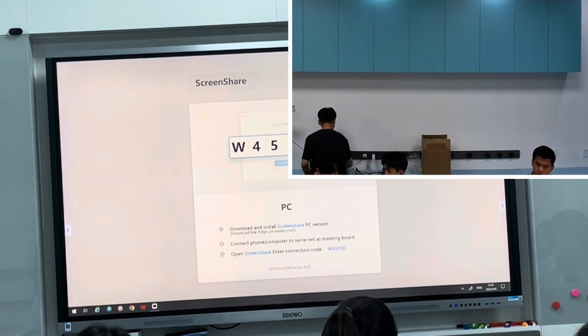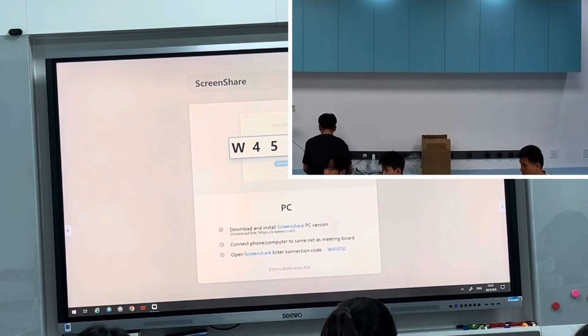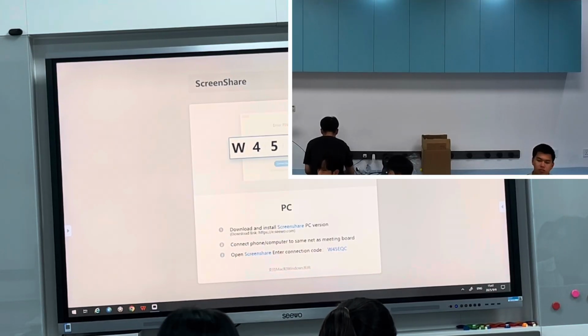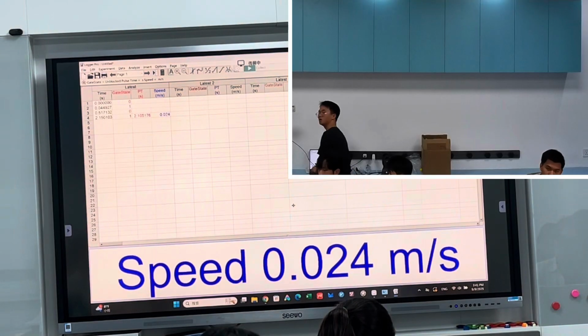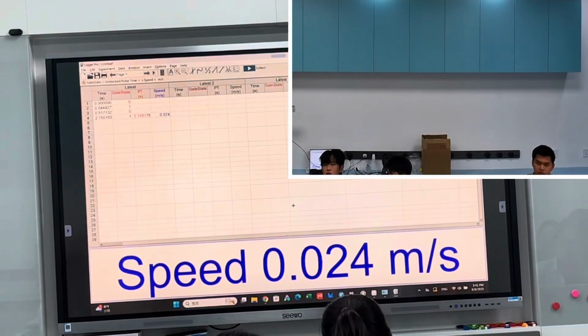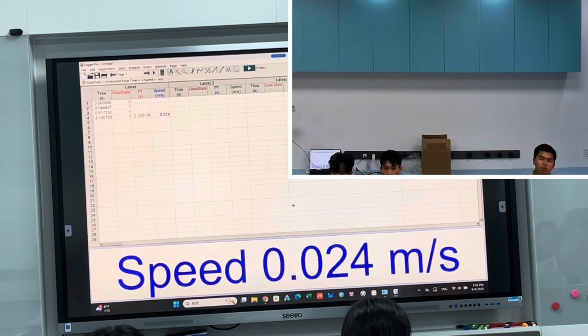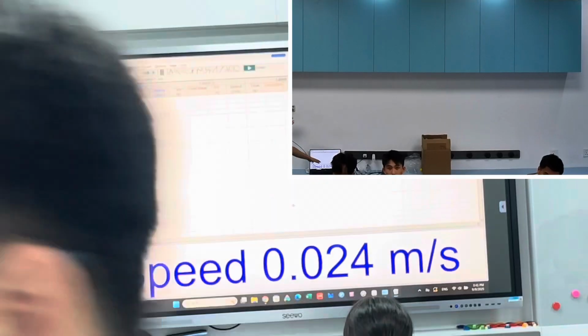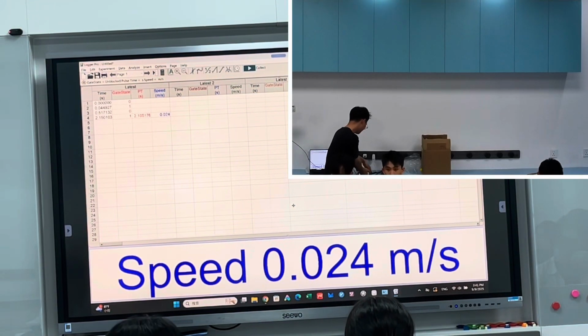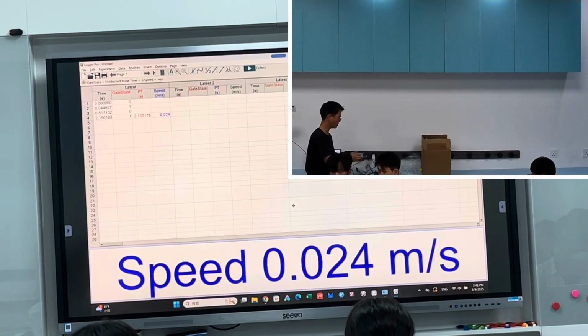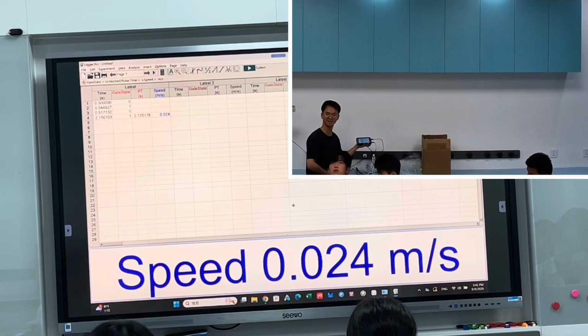I will share it, so don't you worry. Right now here, as you can see on this big screen, is LoggerPro software on my laptop. And currently, my laptop is connected with the LabQuest 2, which is a device that helps me collect data.